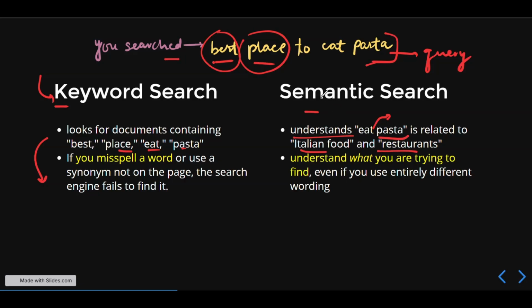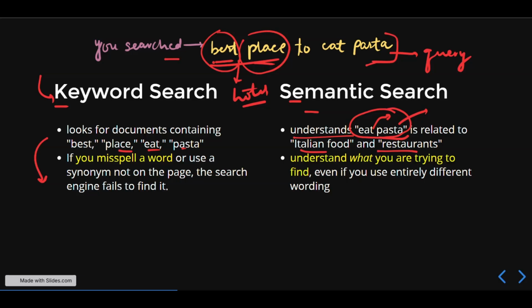That is why, in semantic search, it understands the query of the user. The best place can be restaurants or hotels, so it will understand the query and then search for the results wherever, maybe in docs or sites.